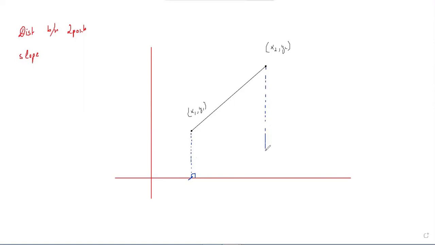And what about this point? This is x2. So this is x1 and this is x2. Similarly, what about that point on the y-axis? Y1. And what about this point? Y2.